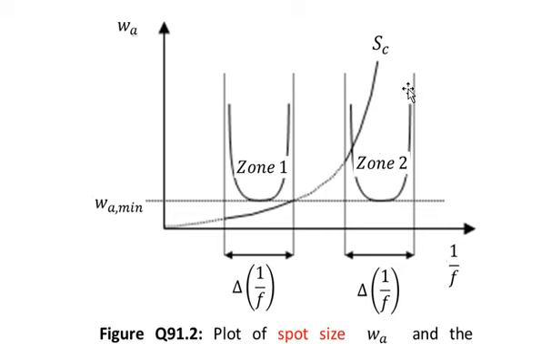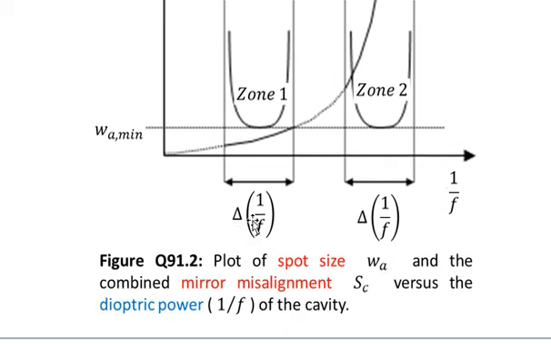And what we want in our designing is that our misalignment error should be much smaller, so that it should not affect the values of the spot size of the beams. So we want SC to be as small as possible, and probably in the region zone 1 we can take the value of SC to be reasonable.